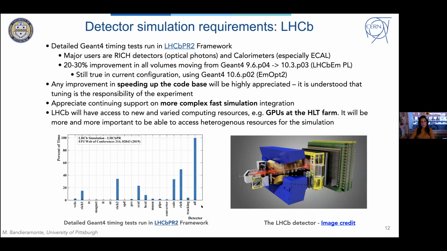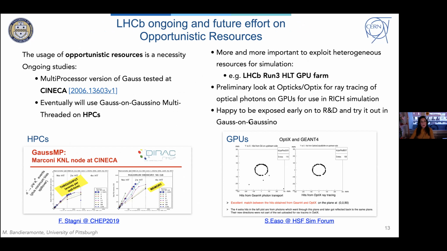And a very big focus for the experiment, as said, is GPUs, because they will likely have access to GPUs at the HLT farm for the next runs. So it is very important for them to be able to exploit those resources properly. The experiment is also very interested in exploiting opportunistic resources, and there has been some study ongoing with the multiprocessor version of Gauss that was tested at CINECA in Italy, and they will eventually use Gauss on the Gaussino multi-threaded infrastructure on HPCs.